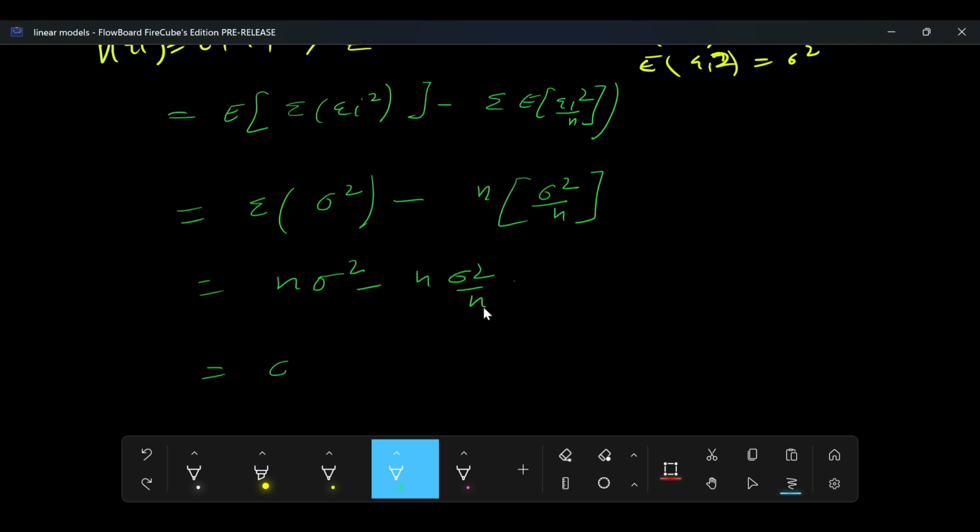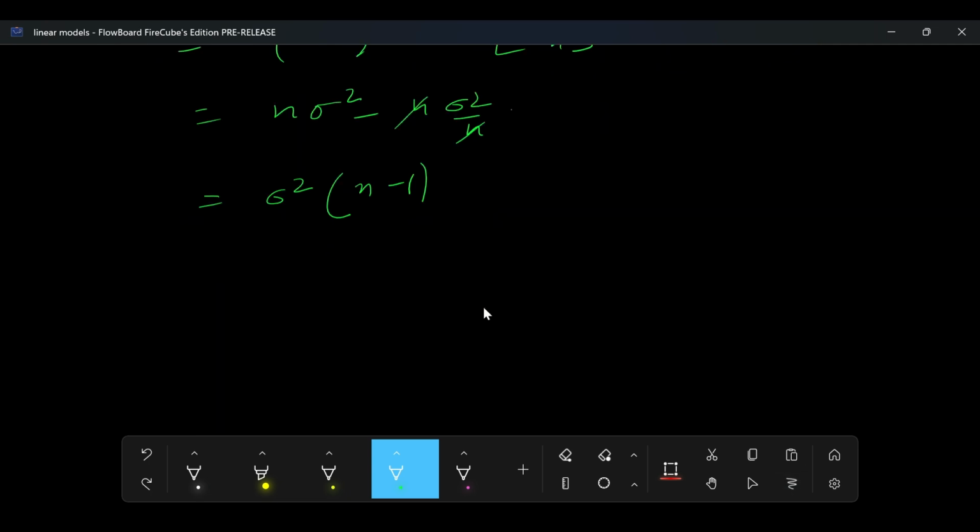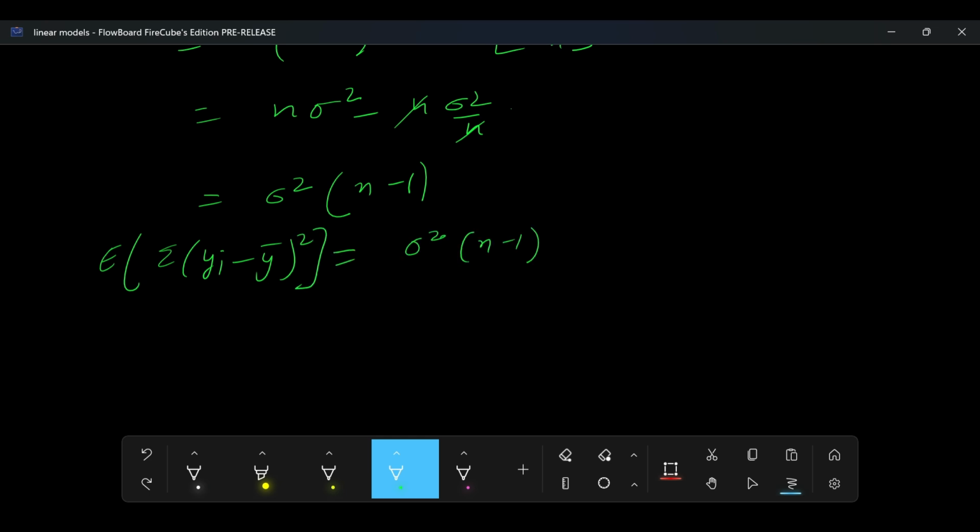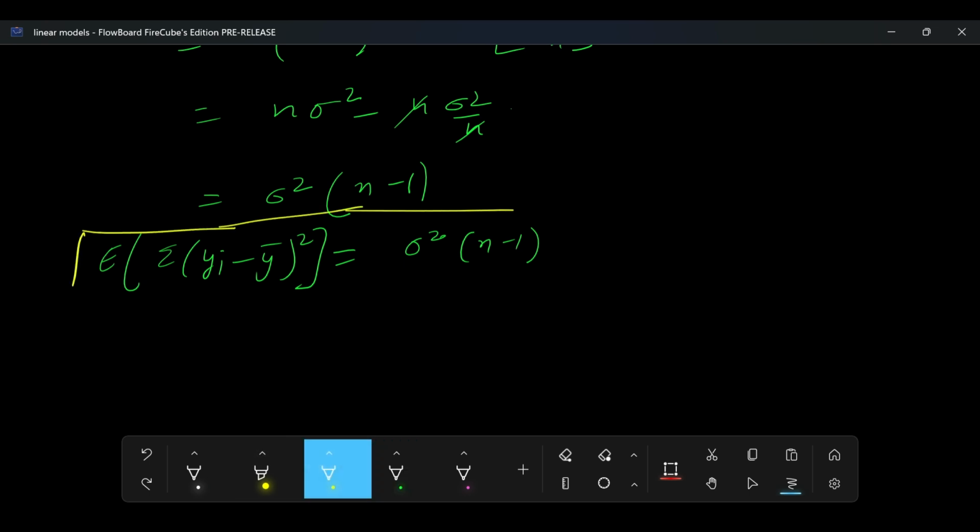So this is equal to sigma square, this and this go, this is sigma square n minus 1. So expectation of summation yi minus y bar square is equal to sigma square n minus 1. Clear? Sigma square n minus 1.